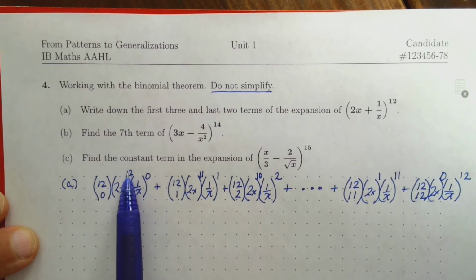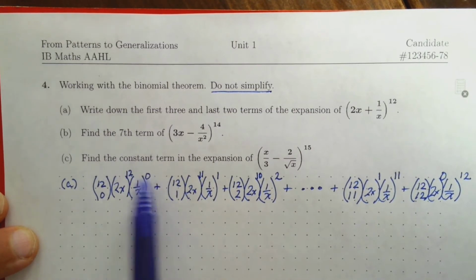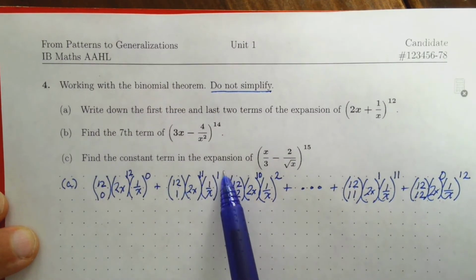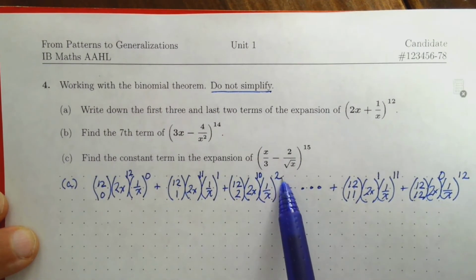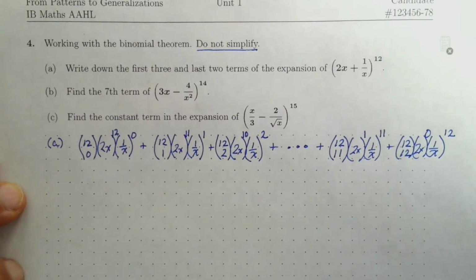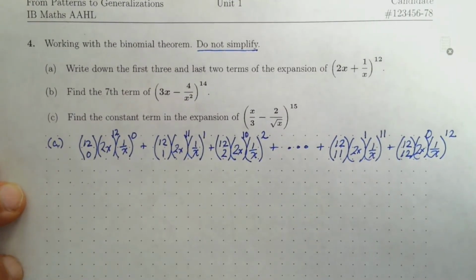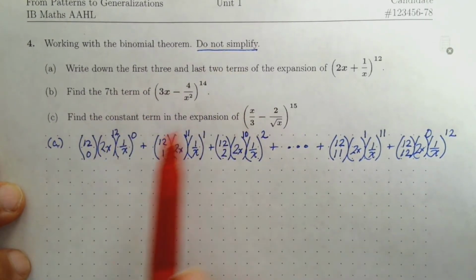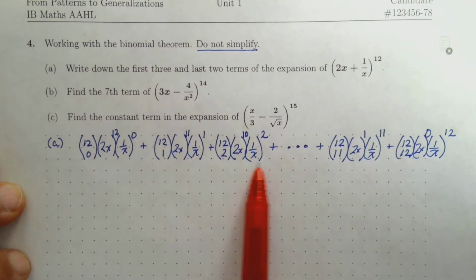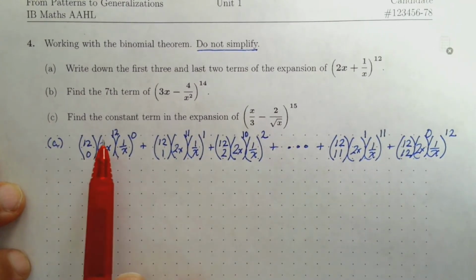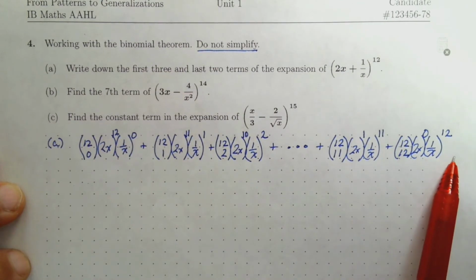And notice that the sum of the powers, 12 plus 0, should equal the total power that I'm working with. 11 plus 1, 10 plus 2, 1 plus 11. So that would be writing down my terms within my expansion, and not simplifying. Commonly, if I were to write down the terms, I would need to simplify each of these items to a point.